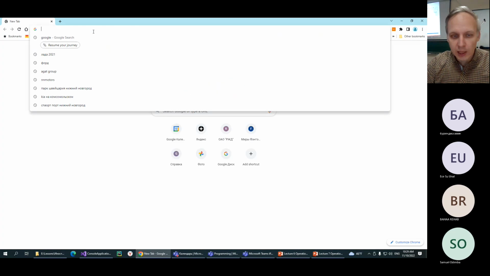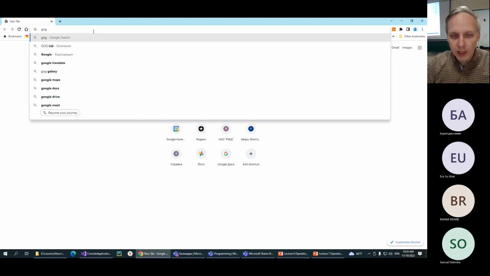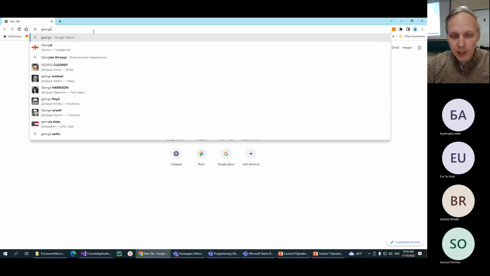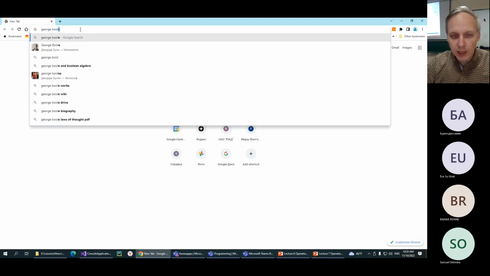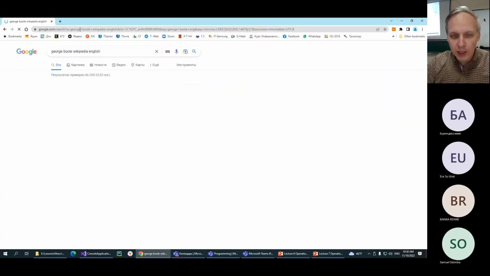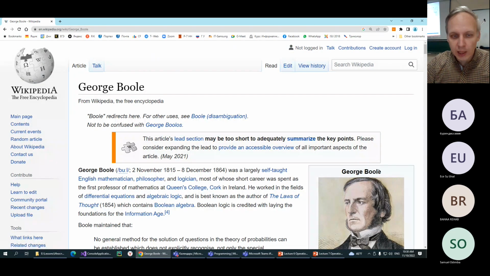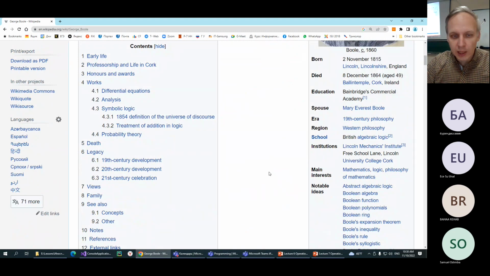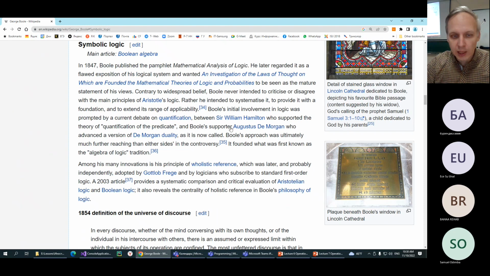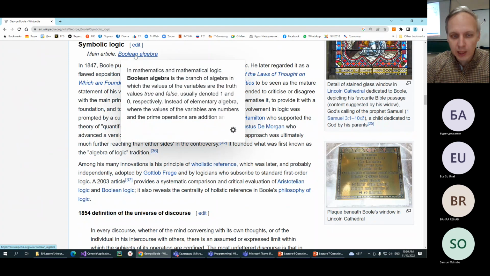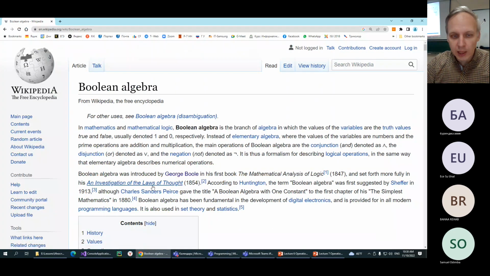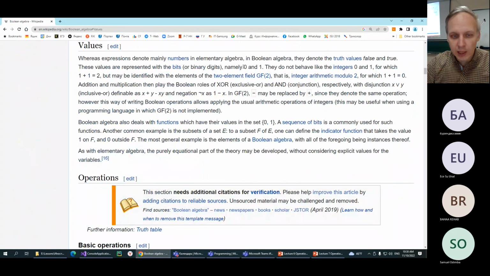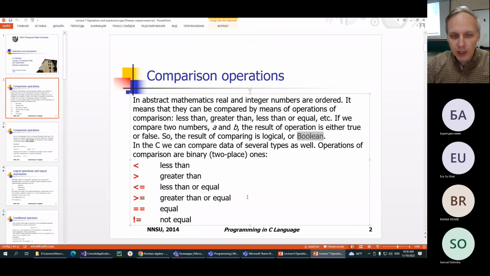If you type George Boole in Google, you can read about this mathematician, and in Wikipedia.